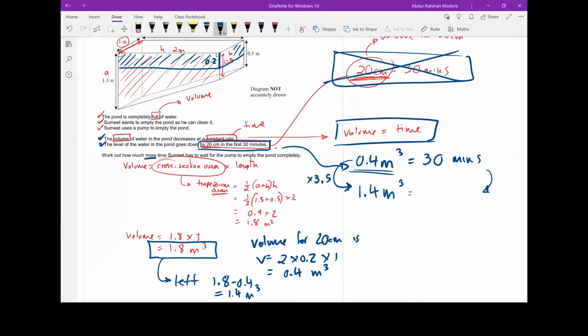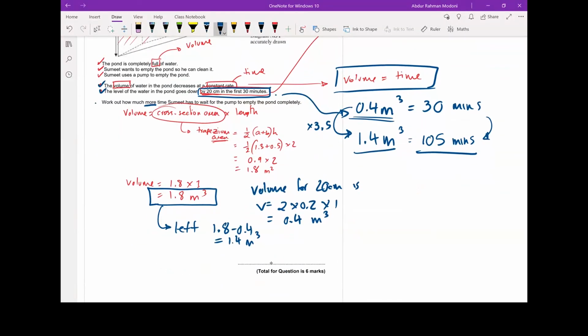So 30 times 3 is 90, and another half lot will give us 105 minutes when we times it by 3.5. So this is how much more that has to empty, and this is how much more time that's needed to empty that. The question is asking, work out how much more time Samit has to wait for the pump to empty the pond completely. So the answer we would write down is 105 minutes. Okay, so that's our final answer.